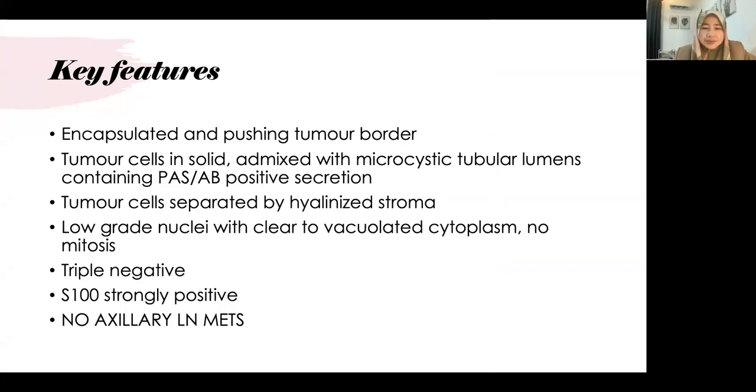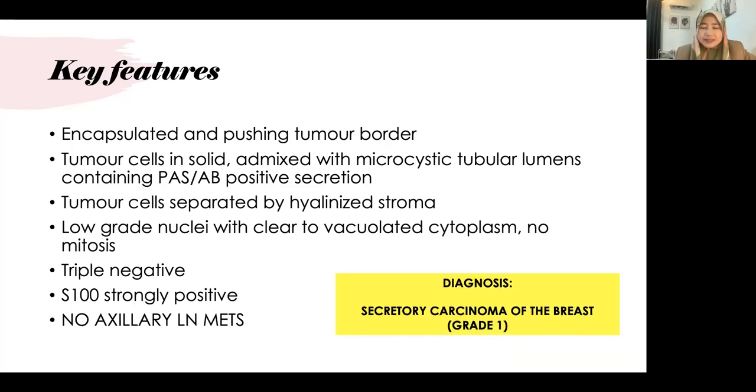It shows low-grade nuclei with clear to vacuolated cytoplasm, no mitosis. The tumor is triple negative with S100 strongly positive. No axillary lymph node metastasis was seen, because axillary clearance had been done in this patient. So what is the best diagnosis for this case? This is secretory carcinoma of the breast, grade 1.